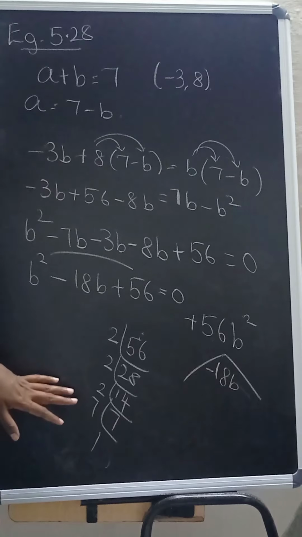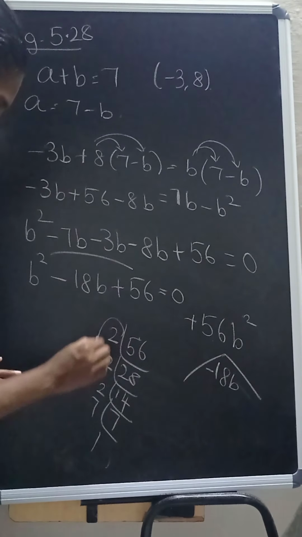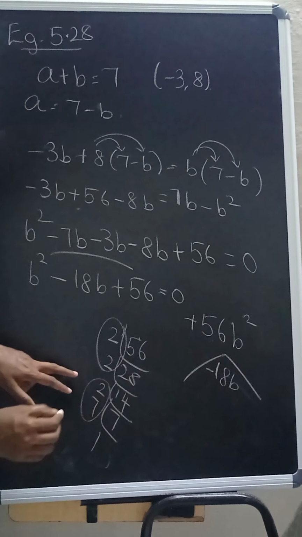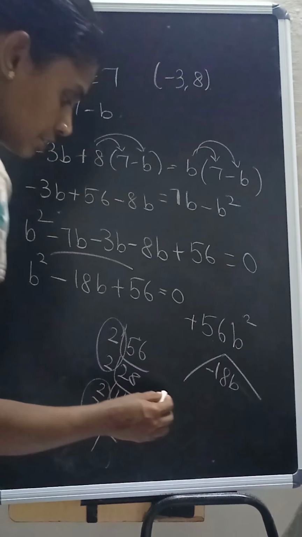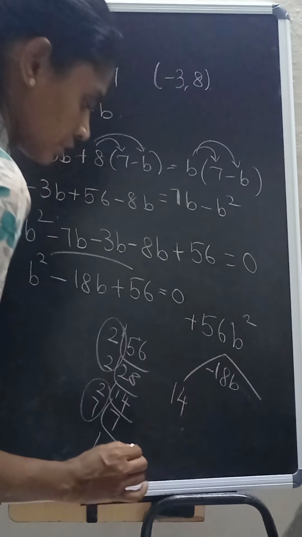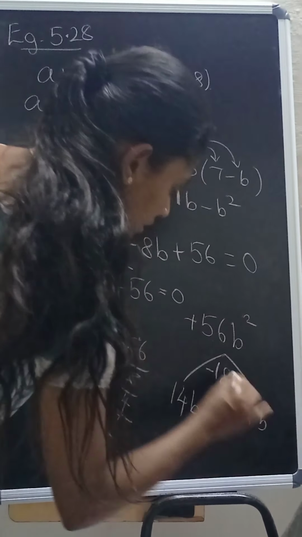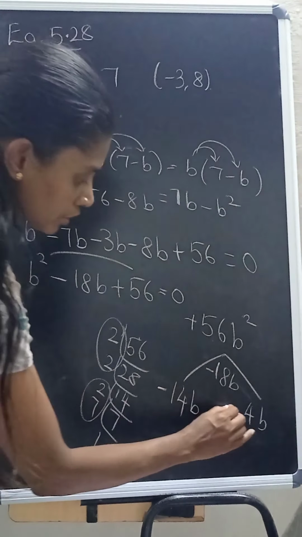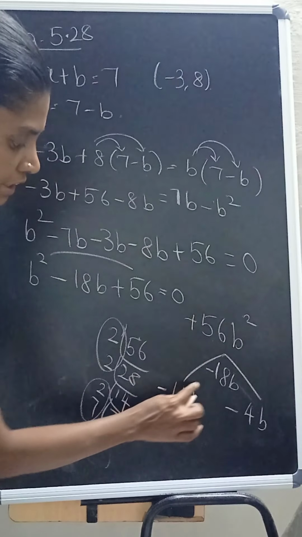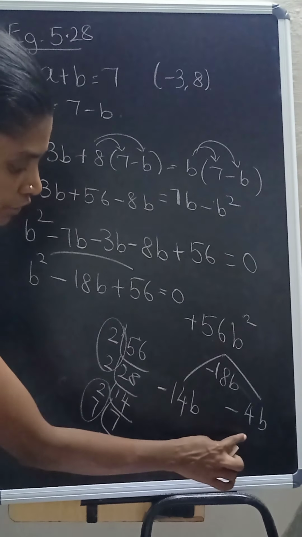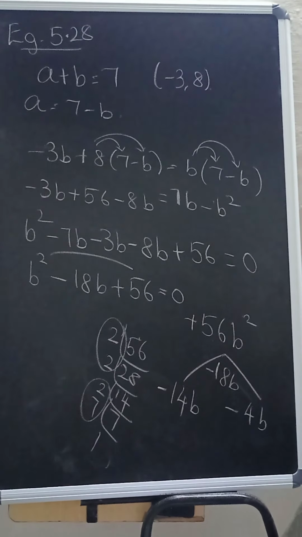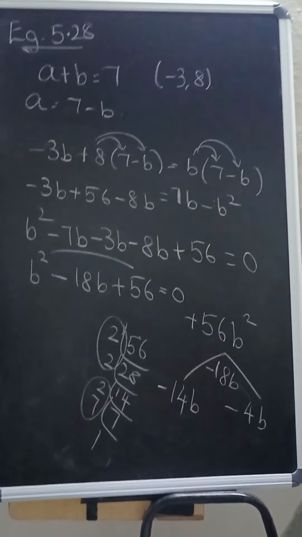Now we will find some combinations. 2 2s are 4, 7 2s are 14. 14 and 4 will give you 18. So substitute here 14b and 4b. Now here plus should come. So minus, minus, plus. Now greater number sign minus, minus 14 - 4 = -18, and 14 × 4 = 56. Now your condition is satisfied.